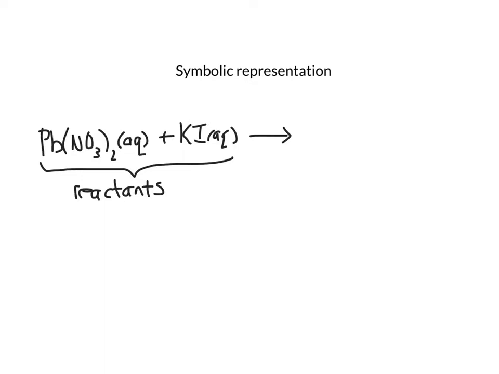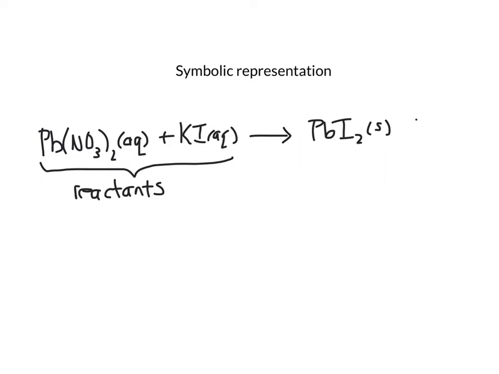So our microscopic understanding of this reaction indicates that we formed lead iodide, and since iodide is a 1- and lead is a 2+, I will need 2 iodides for every lead. That formed a lattice or a solid, and so I'm going to indicate that that compound was a solid, (s).